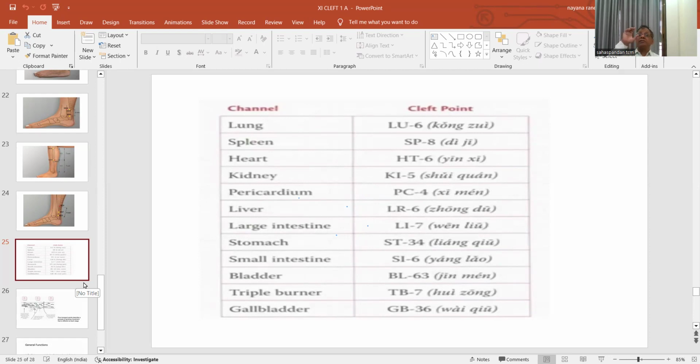If the Xi-cleft points are linked to stop lights along the highway of the channel, then the source point may be linked to a gas station.